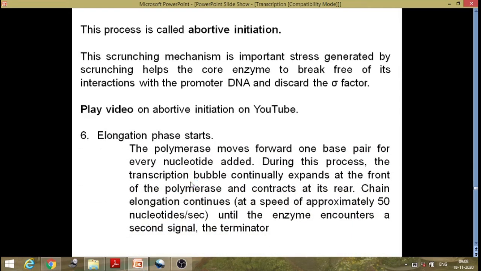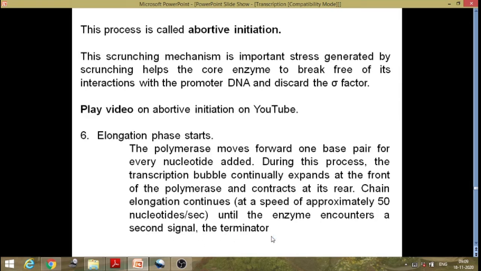So in the elongation phase, the RNA polymerase moves forward one base pair for every nucleotide added, and during this process, the transcription bubble continually expands at the front of the polymerase and contracts at the rear. So the chain elongation continues at a speed of approximately 50 nucleotides per second in the case of E. coli. And this elongation continues until the enzyme encounters the second signal called the terminator.